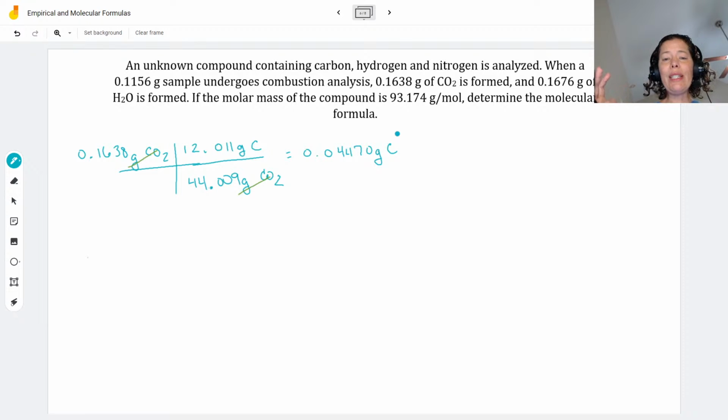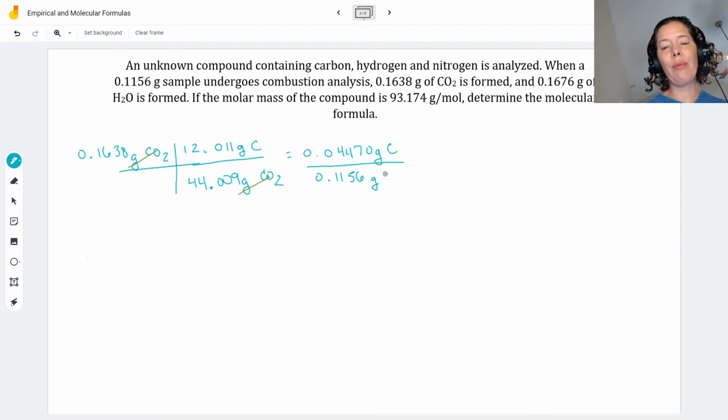Now, once I've determined the grams of carbon in my original sample, I want to calculate the percent carbon. So I take this 0.04470 and I am going to divide by the mass of my total sample. So this is the mass I started with, the 0.1156.